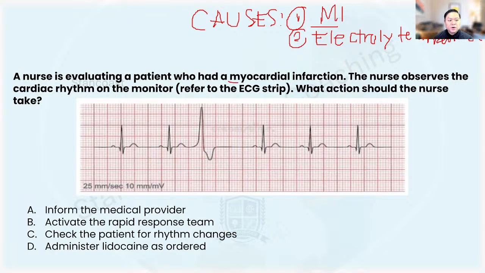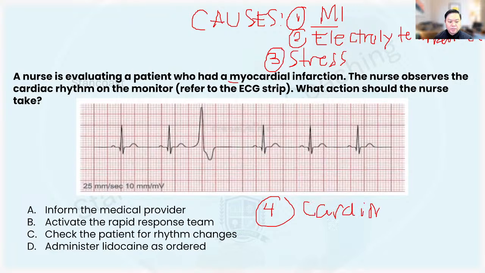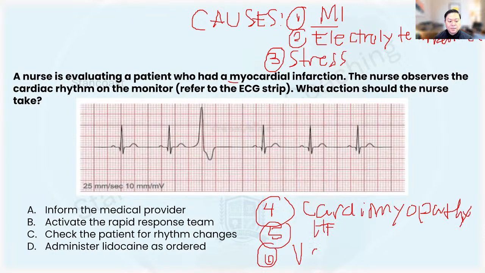Or it could be caused by stress. Okay. Or it could be caused by caffeine, alcohol, or certain medications that may trigger the PVCs. Or it can be caused by maybe cardiomyopathy, which is another issue. Or it could be caused by heart failure. Or it could be valvular heart disease.